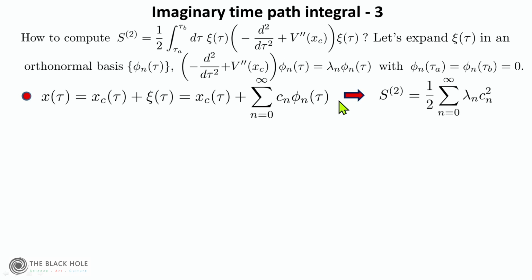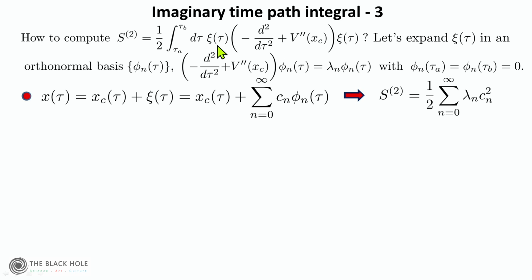Now, I'll ask you to do a little calculation in your head. In place of this xi, we are going to be putting this thing here and this thing here, these being orthonormal to each other.